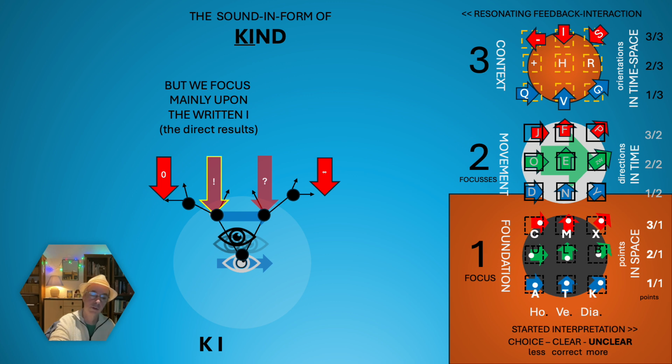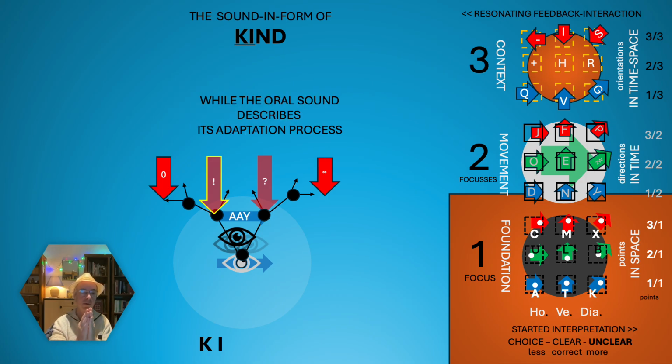But of course, the I is lesser important. It's more your help. The oral thing is more like it's helping you keep your focus straight. But it's about E. It's written as E. So the main focus is upon the E, upon the breaking, where it breaks, and it will break.